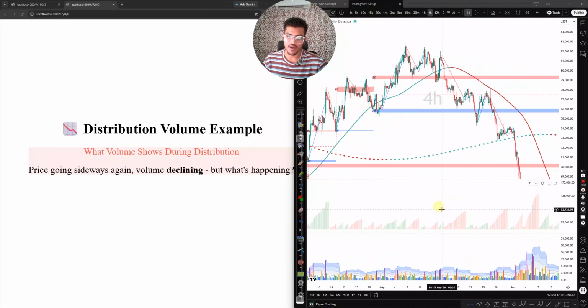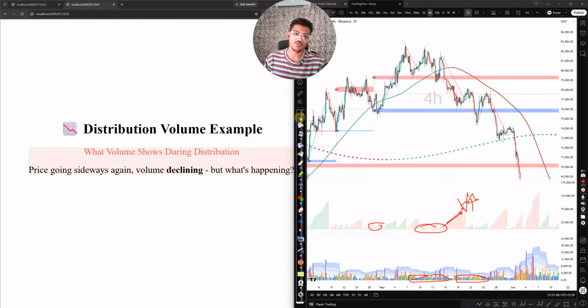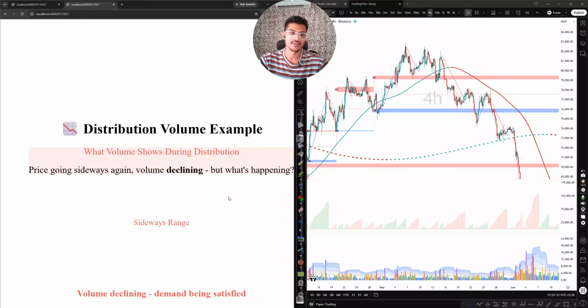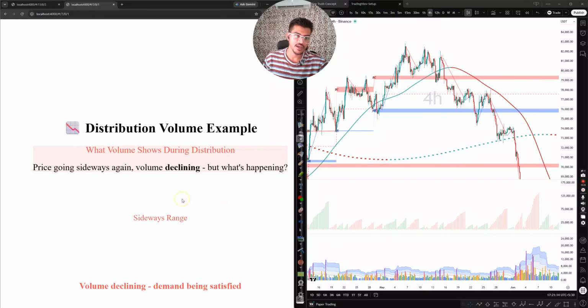After that, did we see any good volume movement like that? You see small volume there, small volume there, and only after this point do we see this big volume surge, right? But the volume was very small there. That's what it's telling us, that the buy side or demand volume is diminishing.